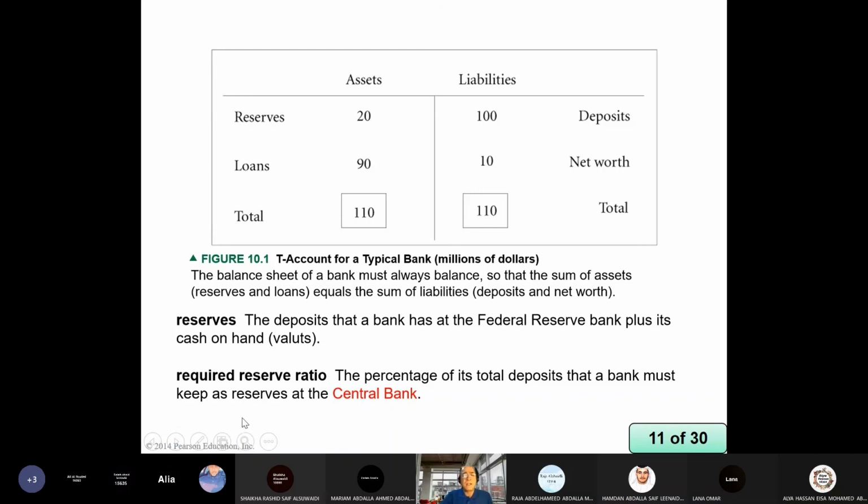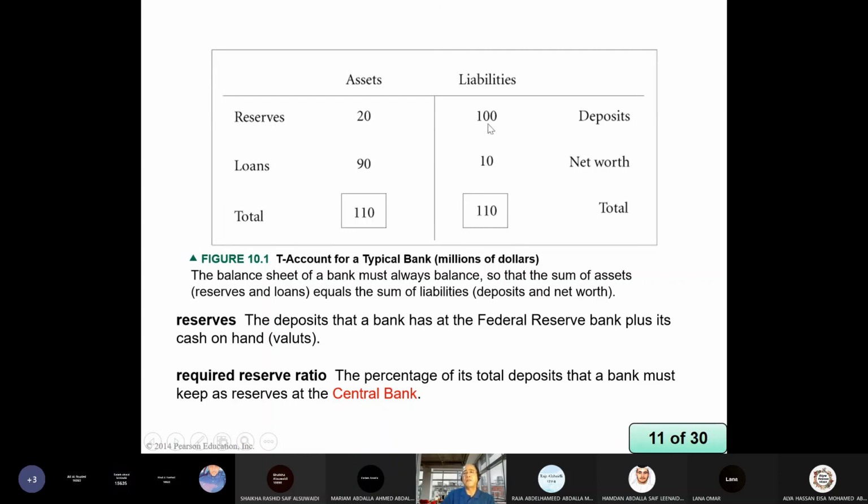What is the required reserve ratio, with Alia? The percentage of its total deposits that a bank must keep as reserves at the central bank. Okay, so let's calculate it here: 20 divided by 100 times 100. So it is 20%. So assume the central bank asked commercial banks to keep 20% as required reserve ratio.